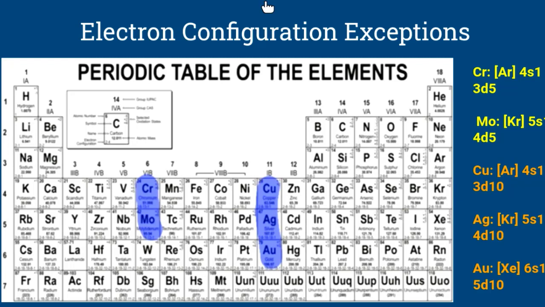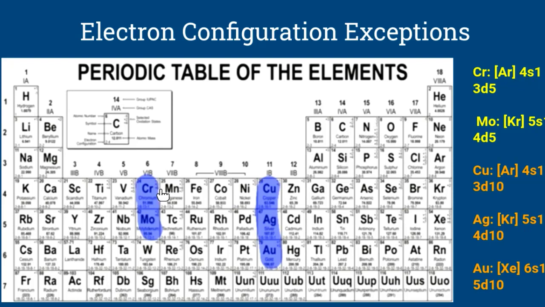But since chromium is an exception, one of the electrons from the 4s shell jumps up to the 3d shell, making it 3d5. So the correct electron configuration for chromium would be 4s1 3d5.